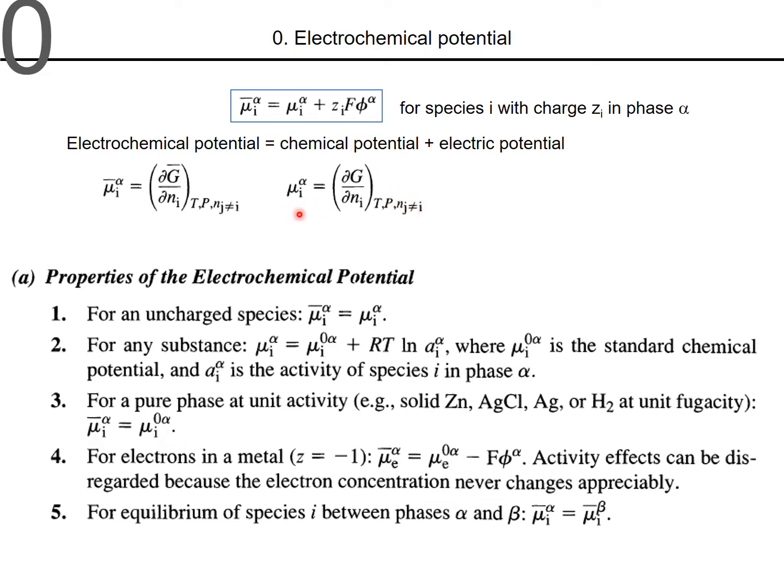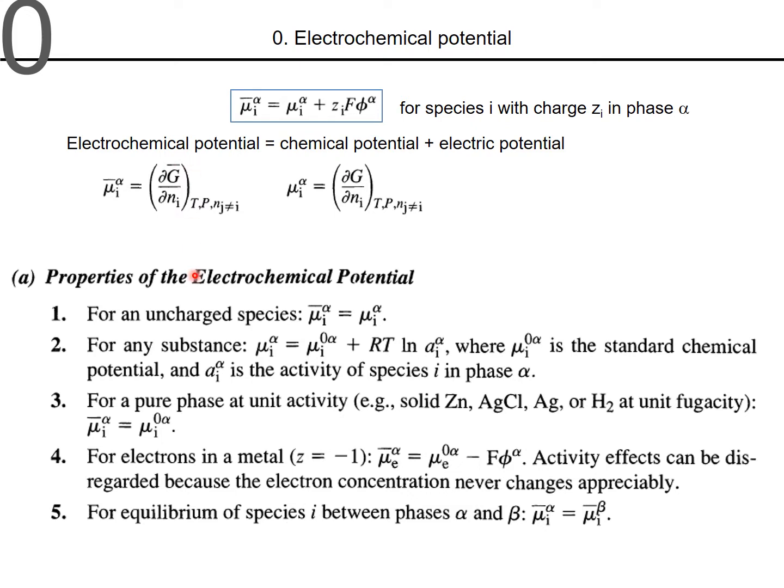That is the chemical potential, which can be considered as the molar Gibbs free energy. Electrochemical potential is defined in the same way. Then in this case, our Gibbs free energy includes the chemical potential plus the electric potential.